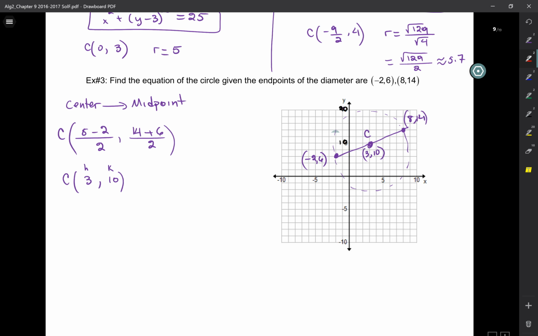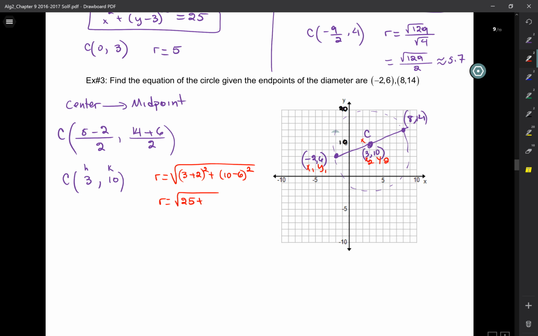I'm going to use the left endpoint, so I'm going to call this x1, y1, x2, y2. So for the radius, it's going to be the square root of x2 minus x1, 3 plus 2 squared, plus 10 minus 6 squared, 25 plus, well, how much is that? 16?